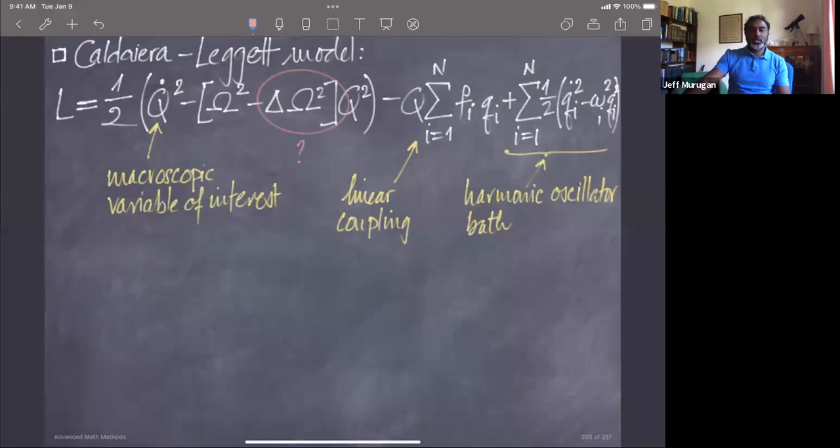Well, the point here is that when I couple the capital Q to the little q bath, there's an overall frequency shift.